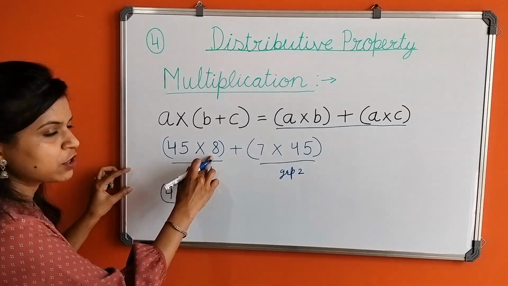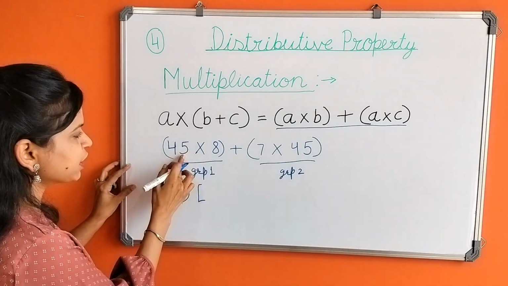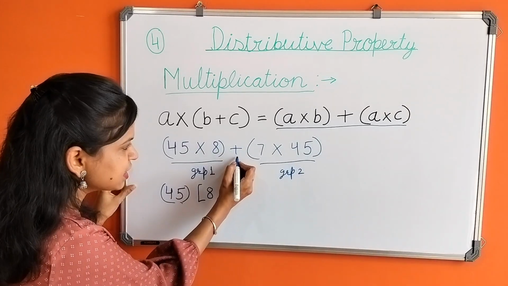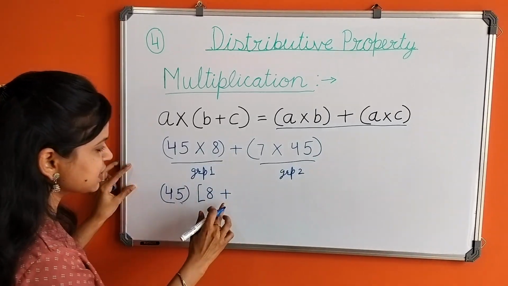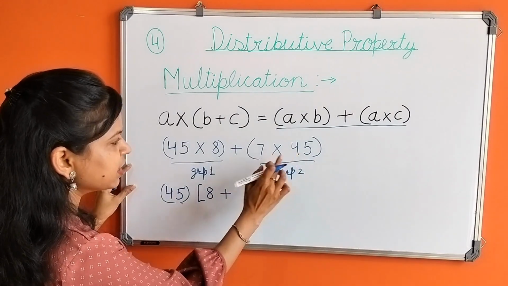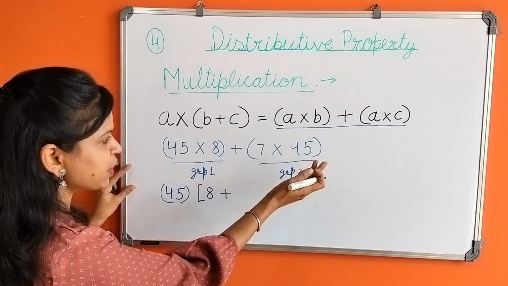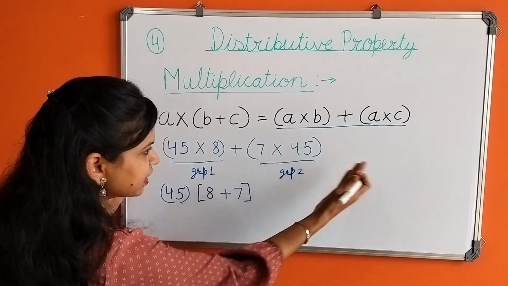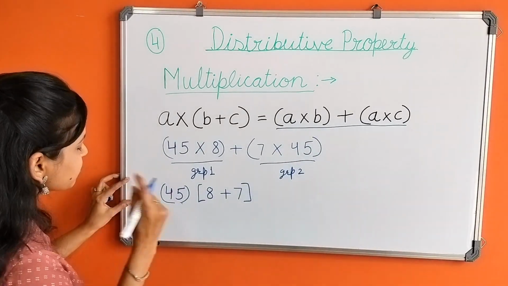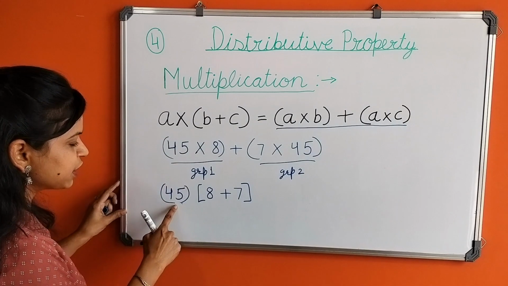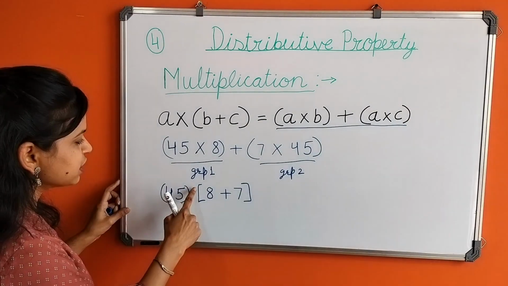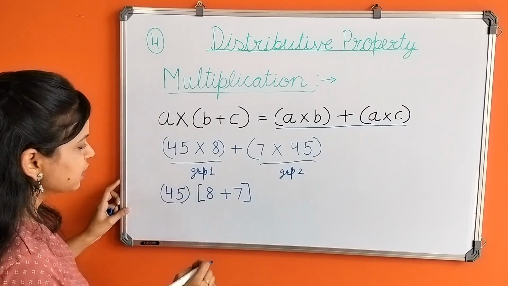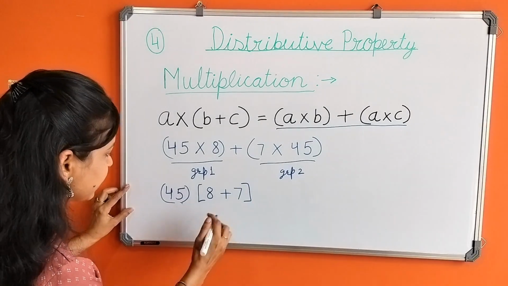In this group, 8 is remaining because 45 we have taken out. Plus sign is there, so we will keep the plus sign here. And from here, 7 is remaining because 45 is already taken out from this also. So 7 is here. Close the bracket. Now this 45 we have taken common is multiplied with this remaining group. So now what we will do? We will add it.